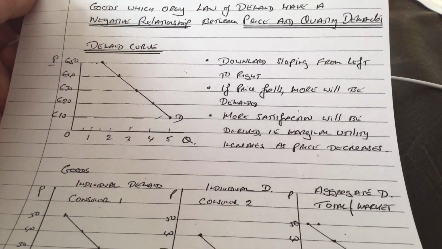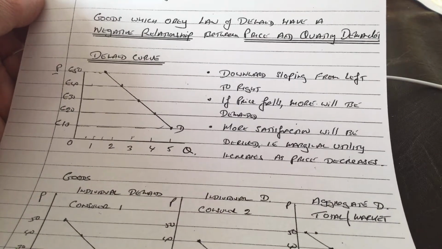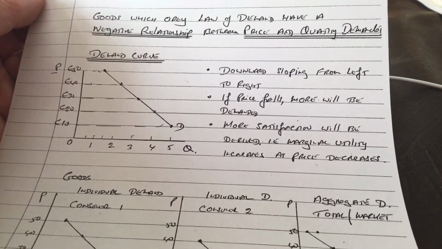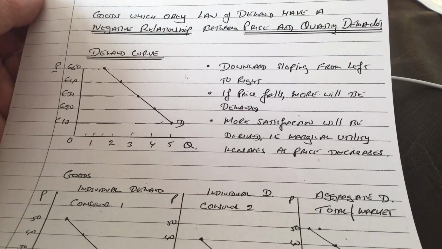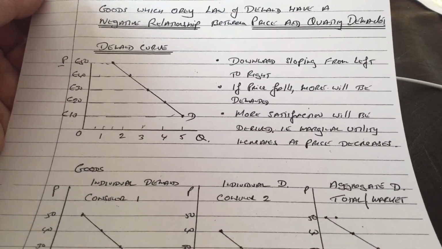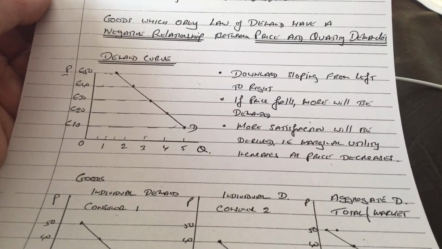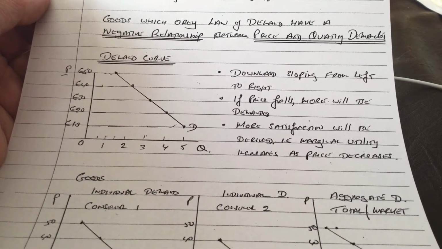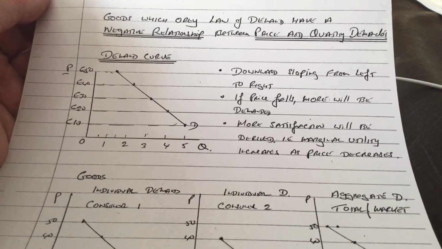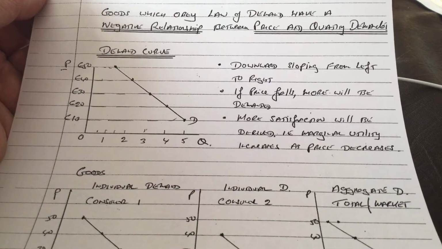More satisfaction will be derived, i.e., marginal utility or extra satisfaction increases as price decreases. So looking at that diagram, at €50, one good will be demanded. At €40, two goods will be demanded. At €30, three goods will be demanded, etc.